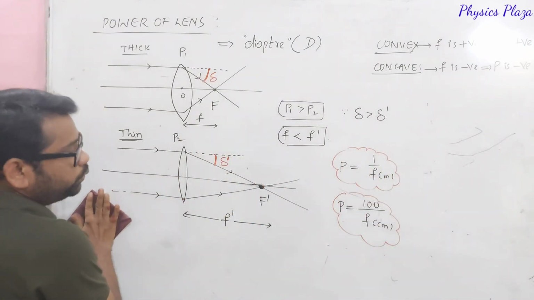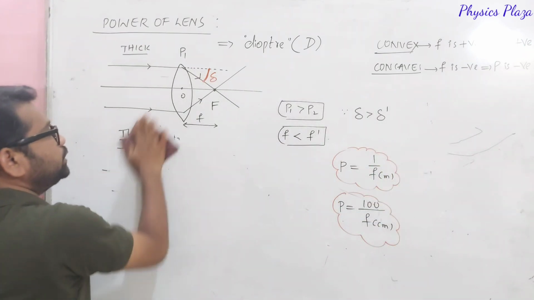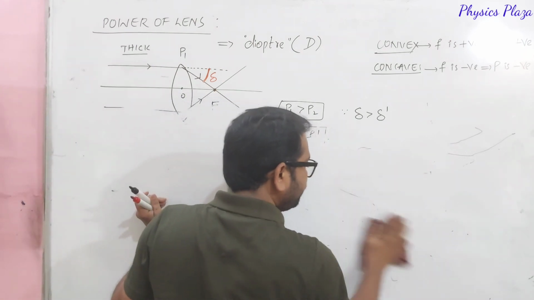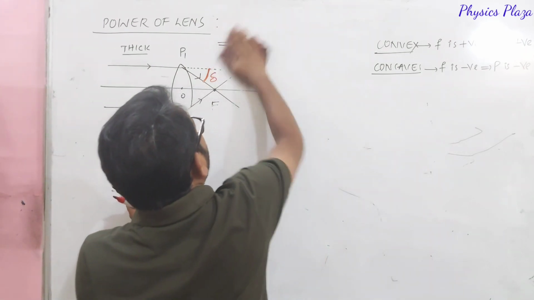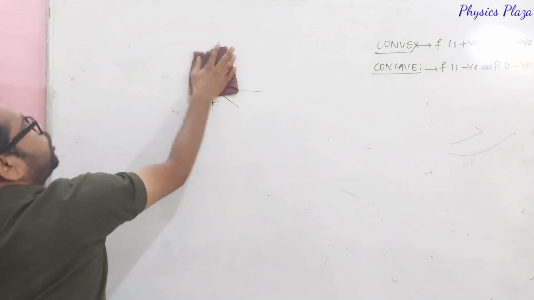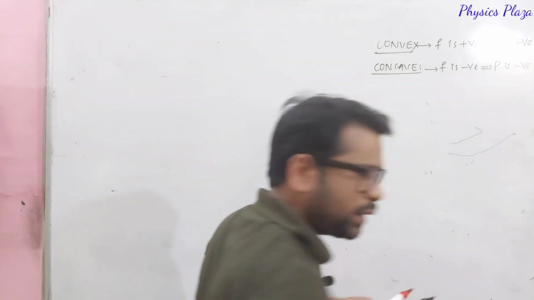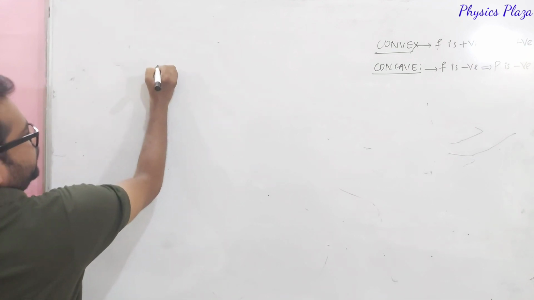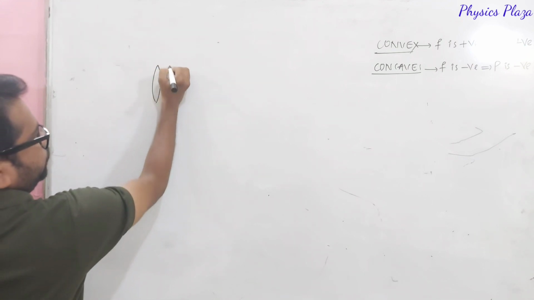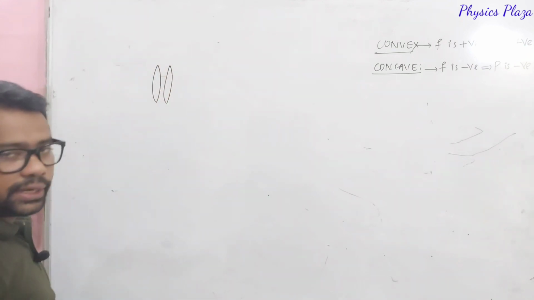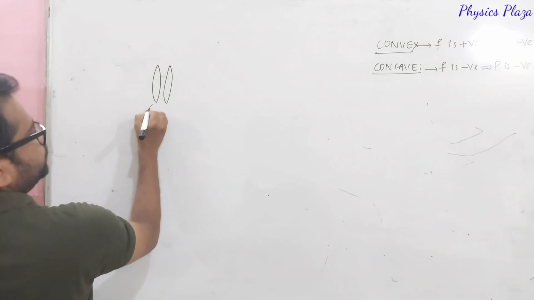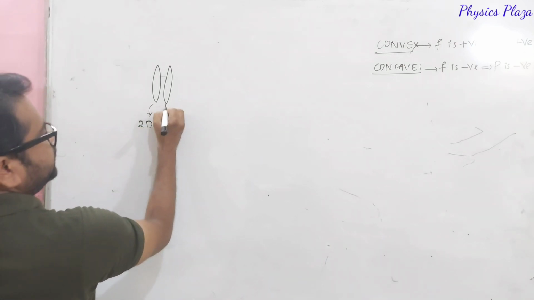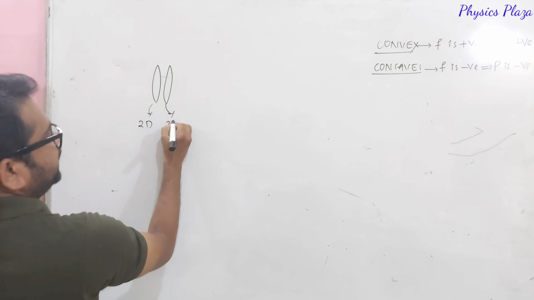Okay, fine. And one more thing, dear children. When two lenses are combined, how can we calculate the net power of the combination? A small example we will see. Let us say both lenses are in contact. Its power is 2 diopters, and the other's power is 3 diopters.